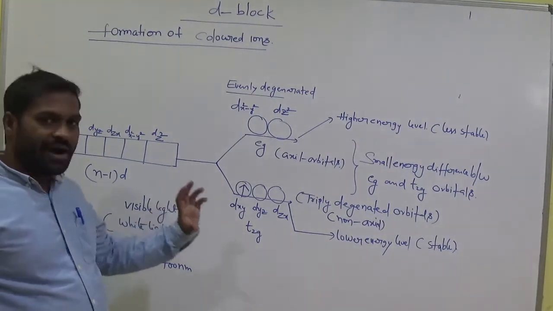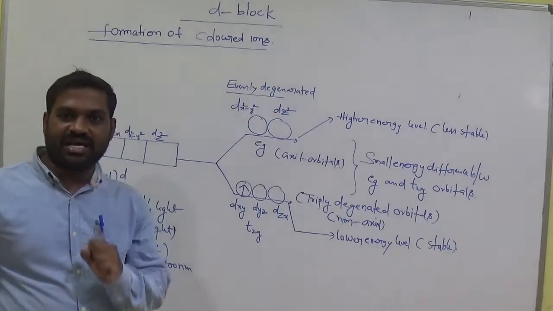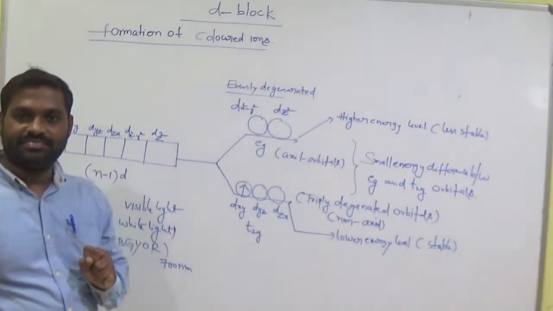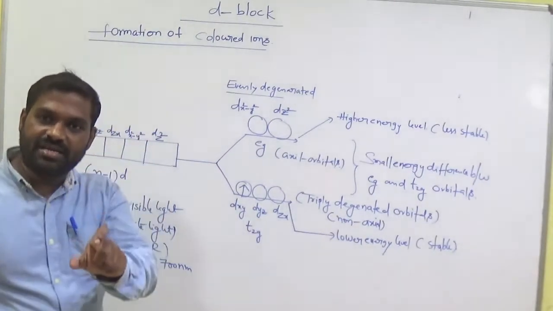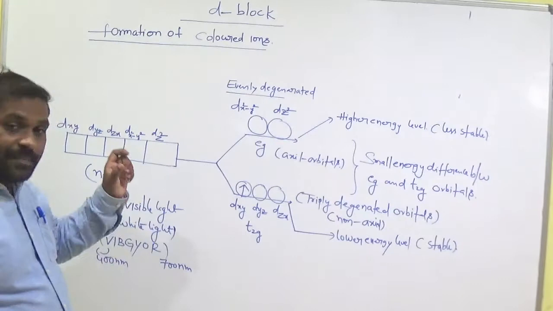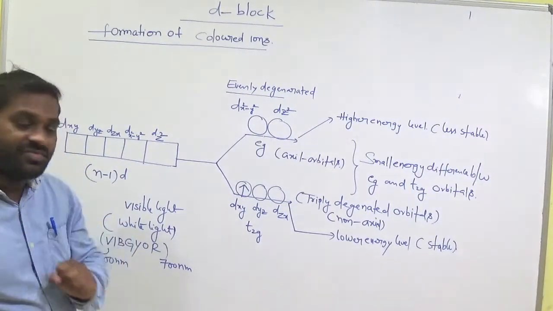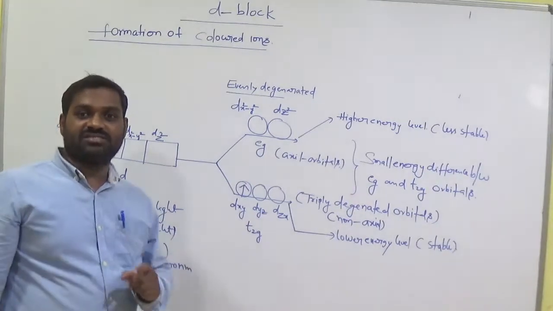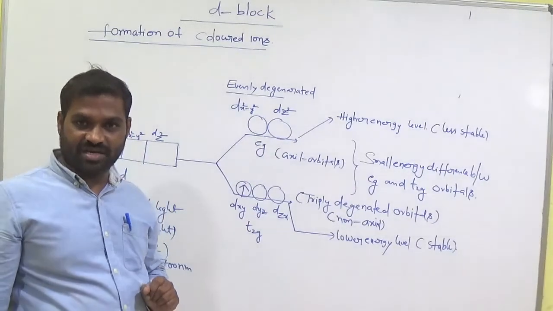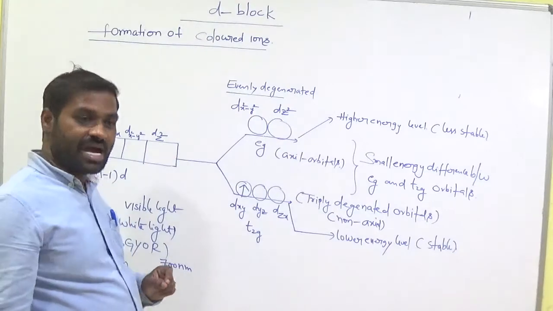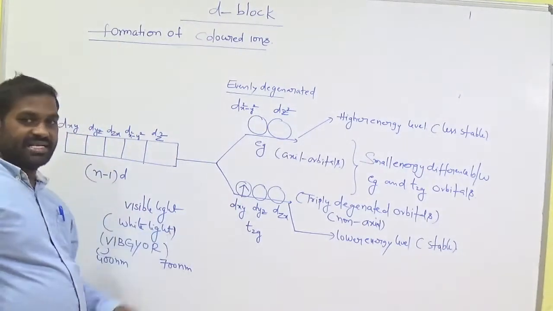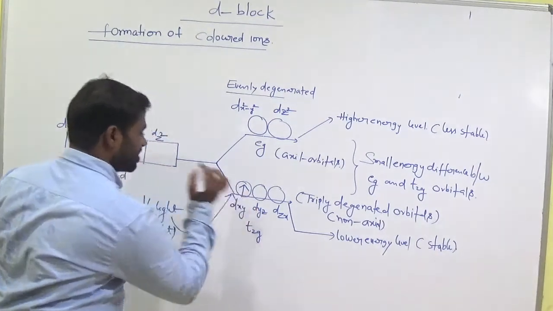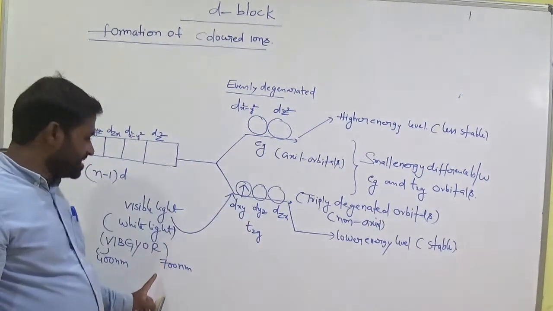So we have different transition metal ions: iron, cobalt and nickel. Depending on their nature, a particular transition metal ion which has unpaired d electrons, that means single electrons in the d orbitals, absorbs this light energy.